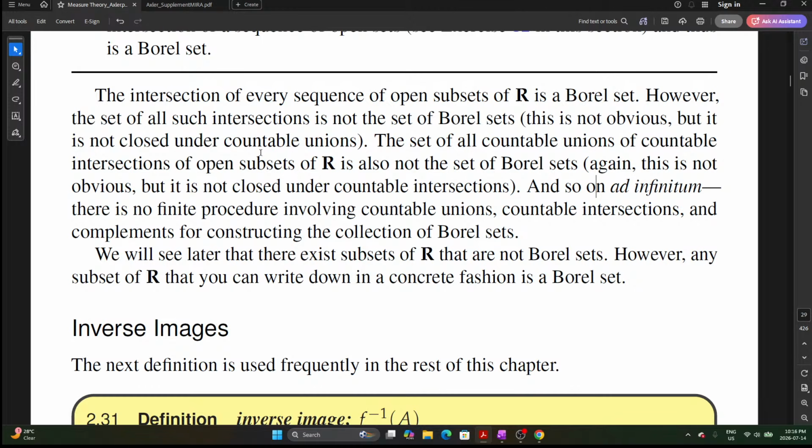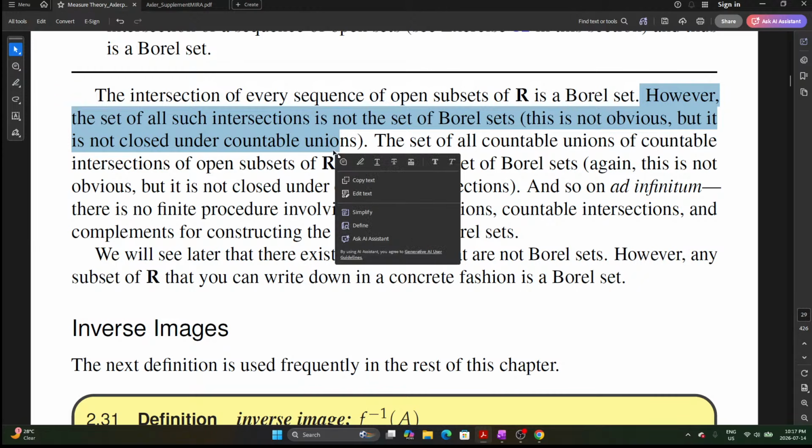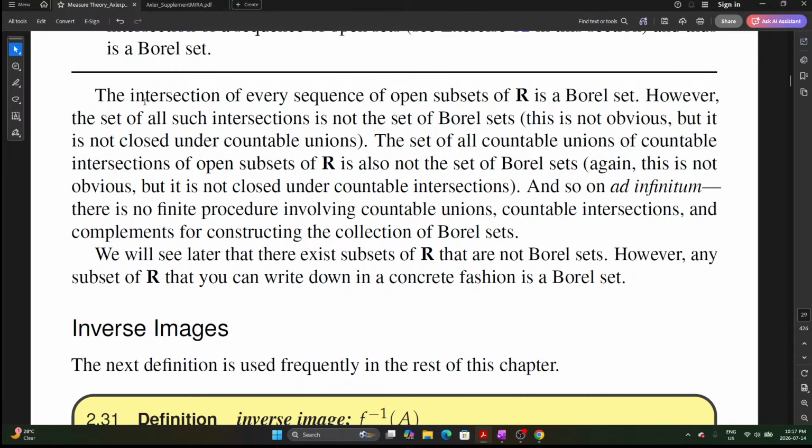Hang on a second. The intersection of every sequence of open sets of R is a Borel set.